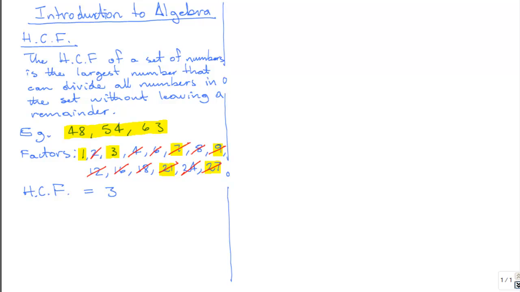Now, if we apply this to an algebraic expression, we get the same thing. Let us take an example of an algebraic expression. Let us find the highest common factor of the expressions a squared b and ab cubed. Now, our first step is to write down all the factors of each expression in the set of expressions.